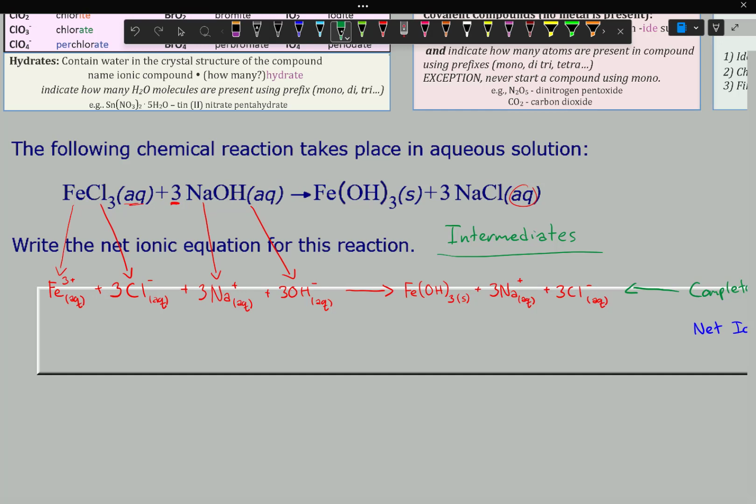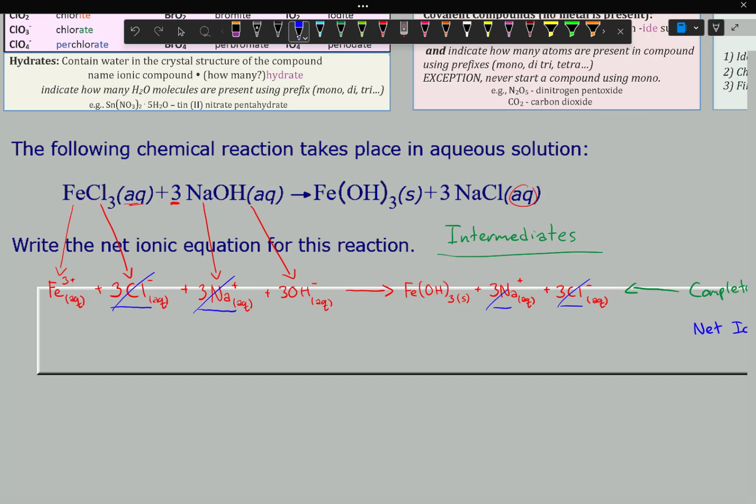Think of it like algebra, when you have one term on the left side of the equation and another term on the right side of the equation, you can cancel them out. So what I mean by that is notice that 3Cl- and 3Na+ are found on the left side and on the right side. So what this means is that we can actually just cancel these terms.